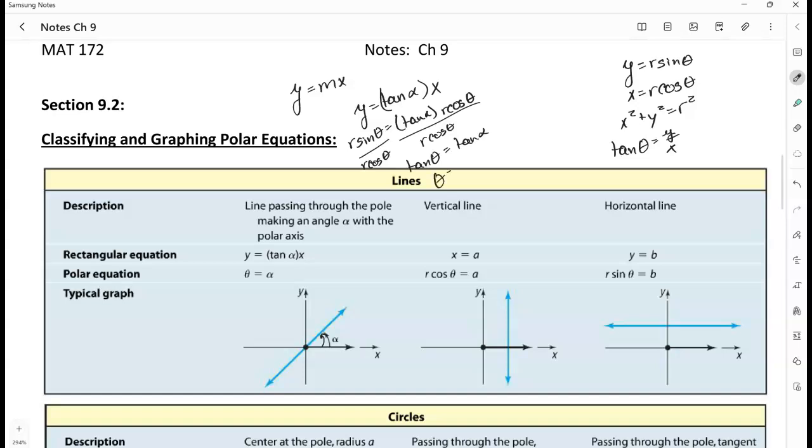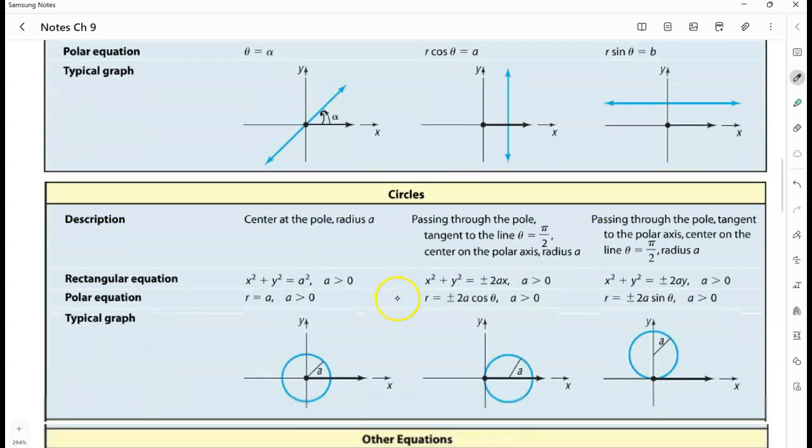If I take the inverse tangent of both sides, I'm going to get alpha on the right. So that's where this polar equation comes from. A line can be written as theta equals alpha, as long as we know what that angle is to produce that y equals function.